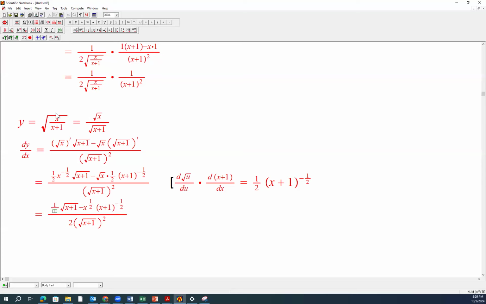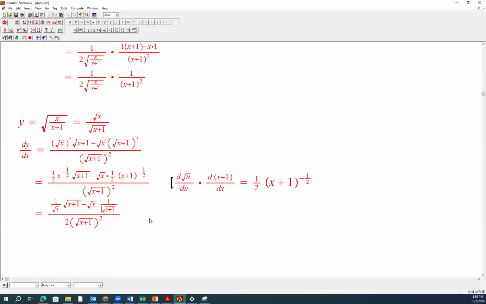That's 1 over root x. X raised to the power negative 1/2 is 1 over root x, and this piece is just root x. You change it to the form that you're most familiar with. x plus 1 to the power of negative half is 1 over root x plus 1.